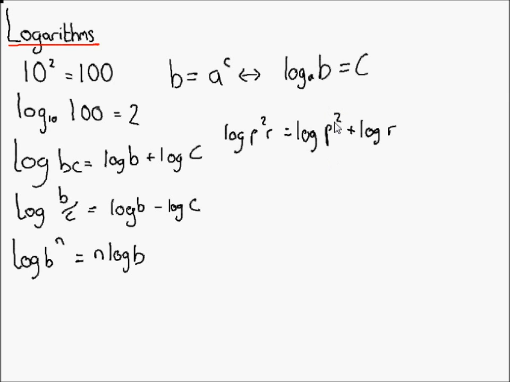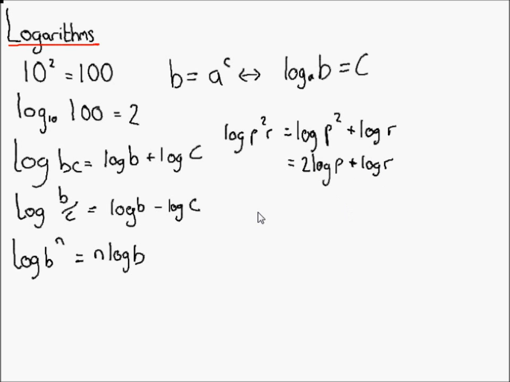Now you may think that's done, but you have the square of p. You need it in terms of p on its own. So using log b to the n is equal to n log b, that then becomes 2 log p plus log r.